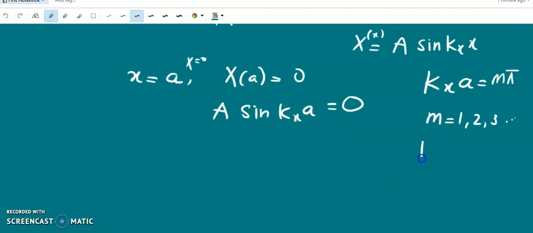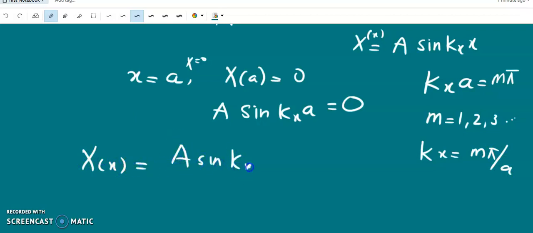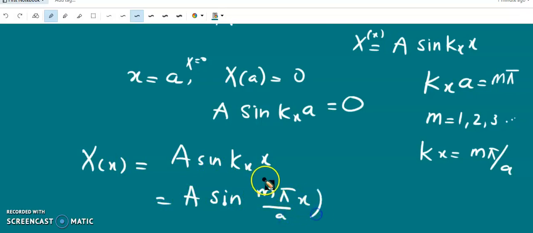So kx can be written as m pi by a. So the solution X(x) can be written as A sin (m pi x by a), where m can take values 1, 2, 3, etc. This is the solution of equation 1.